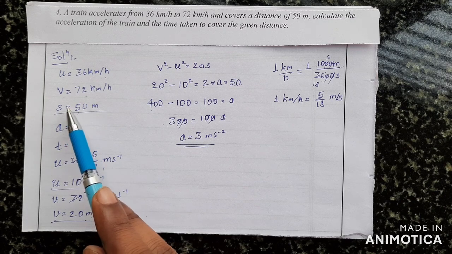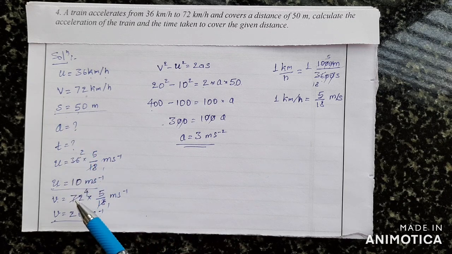S is equal to ut plus half at squared. But if we take that formula, the problem will become complex, with a quadratic equation that is difficult to solve. So it is better to take another easy formula, which is simply V is equal to U plus AT.